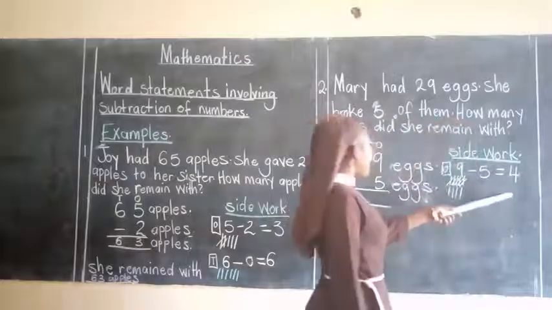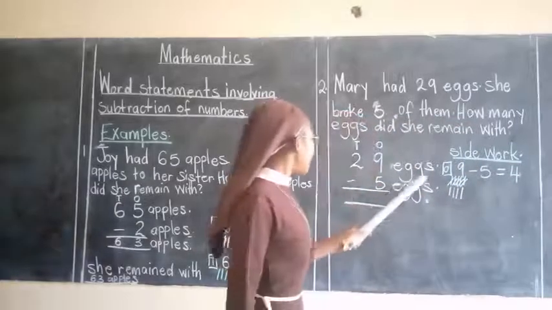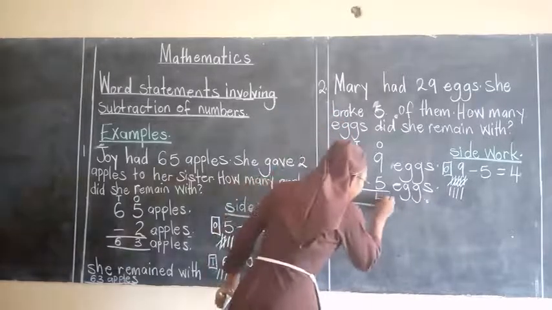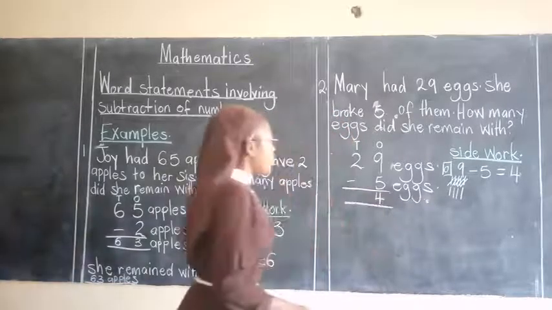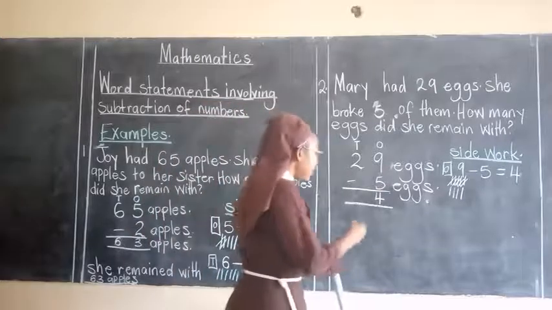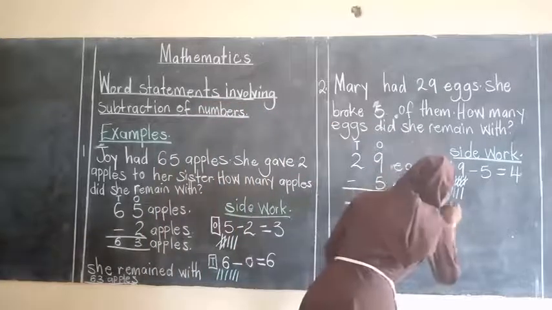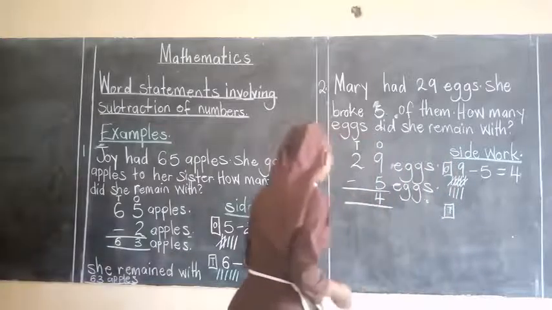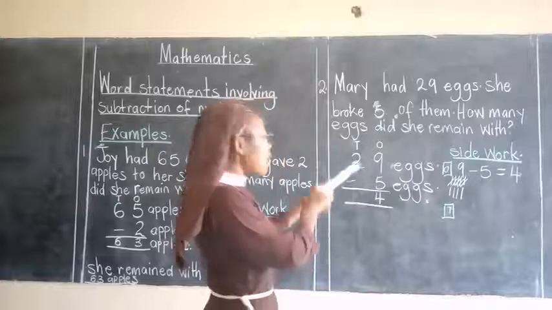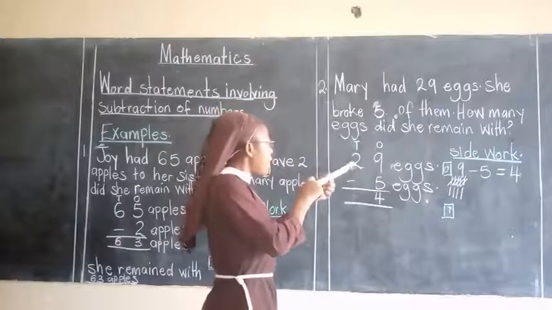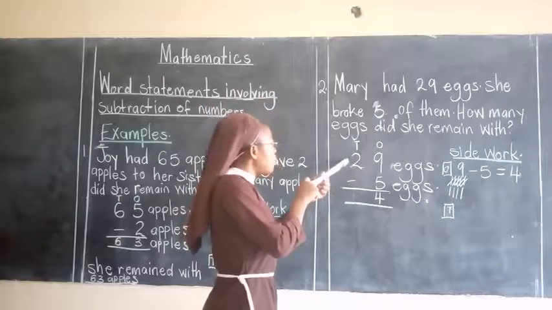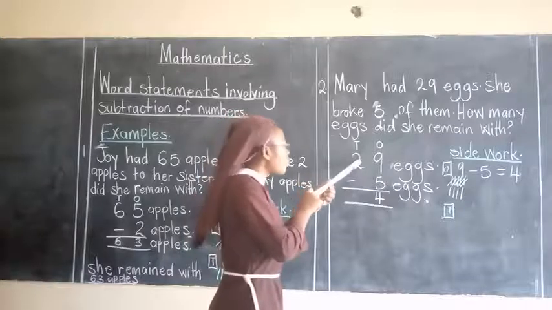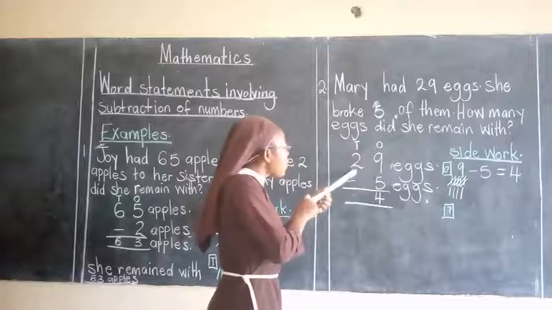Do we end here? No. We come under the place value of ones and we write our 4 there. We go to the next place value, which is the tens. Under the tens place value, we already have 1 digit and it is number 2, meaning we are not going to subtract anything from 2.